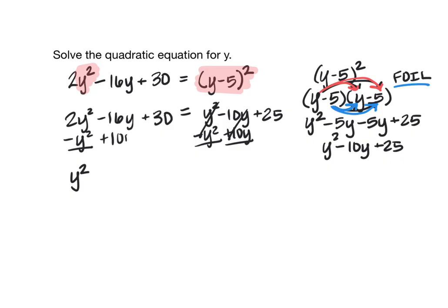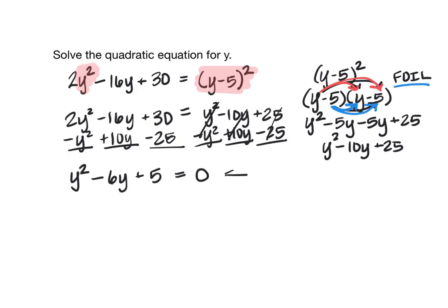And if you're in college algebra, this is a step you don't need to show. You could certainly do this step in your head. That would be ideal. And then you're going to subtract the 25 from the 30. So 30 minus 25 leaves us with a plus 5. So when we set the equation to 0, we end up with y squared minus 6y plus 5 equals 0.